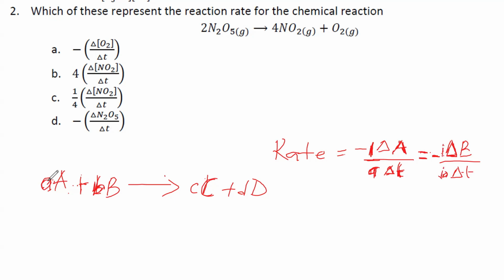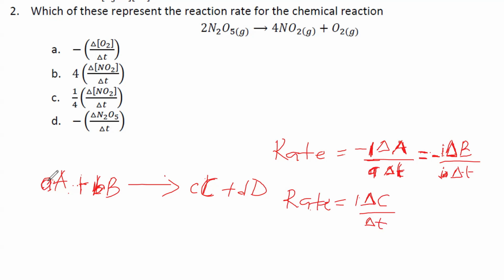And of course, you can also measure it based on that of the product. For the product, because it is increasing, we are going to use a positive value because the concentration of the product is increasing. So we have change in C divided by the change in time, and it is going to be positive.